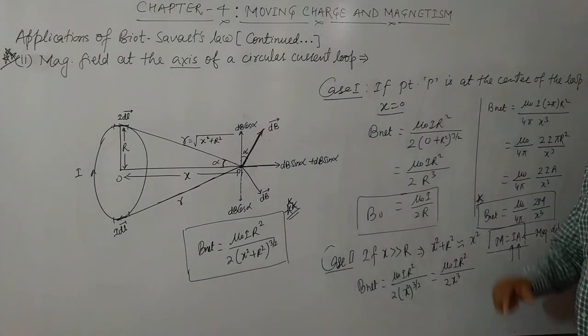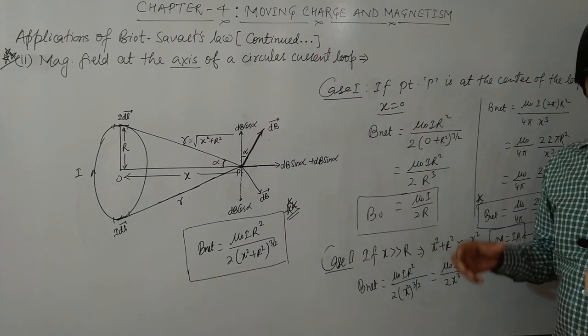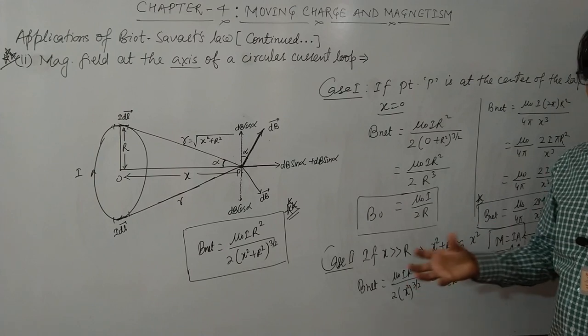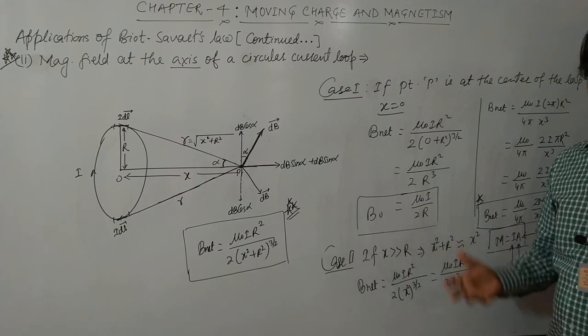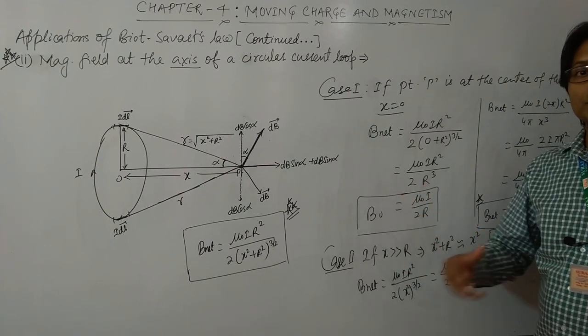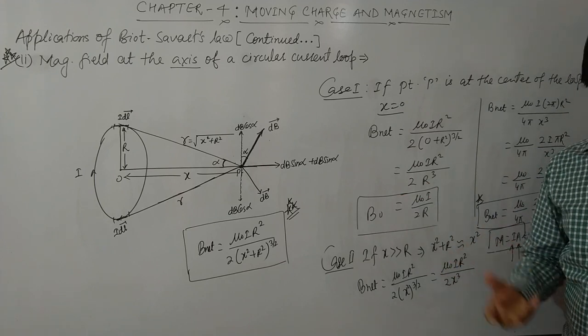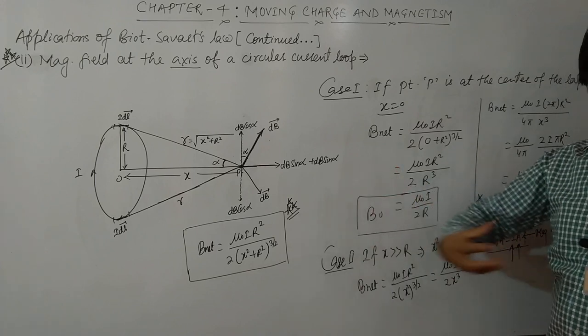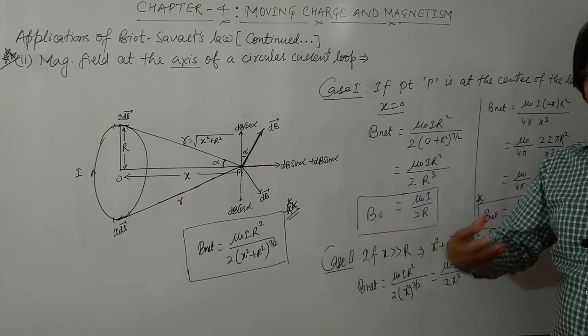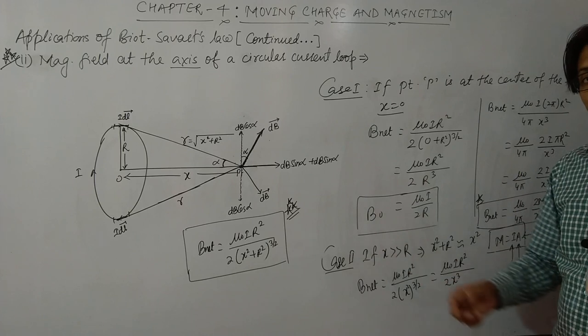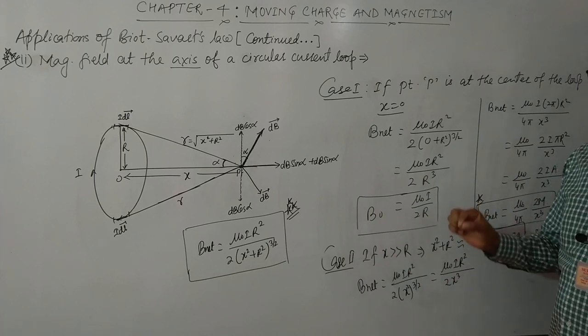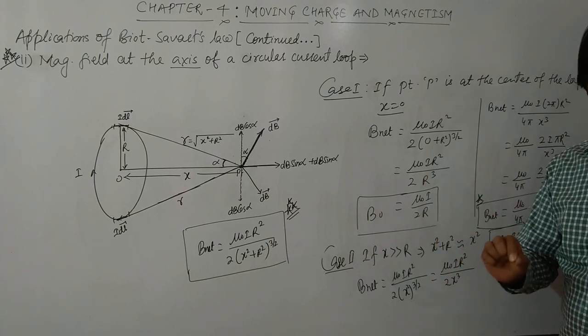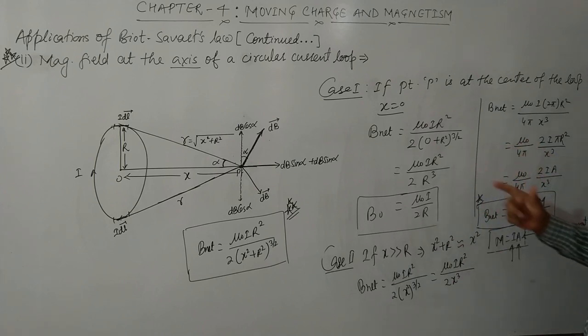So somehow these circular loops are related to a bar magnet, or we can say the bar magnet is equivalent to a number of circular loops, or to a solenoid. We can say if a number of circular loops are wound on a hollow cylindrical structure, it will become a solenoid. So in the next chapter we will derive that a bar magnet is equivalent to a solenoid. So in that also we will consider this concept or this formula.